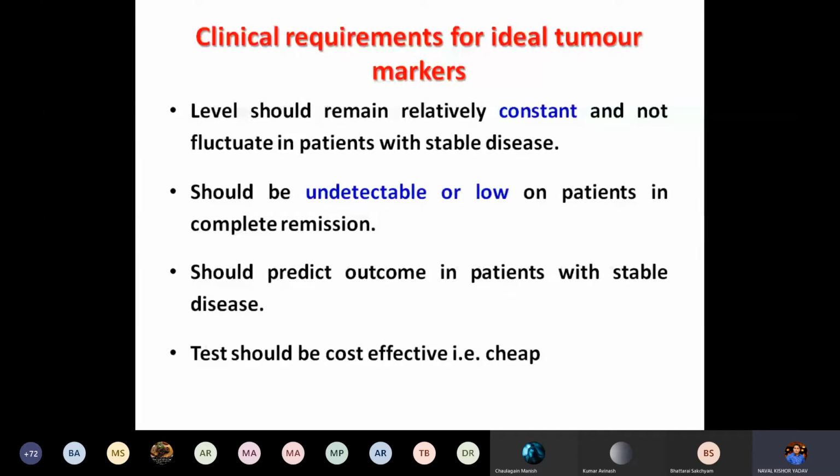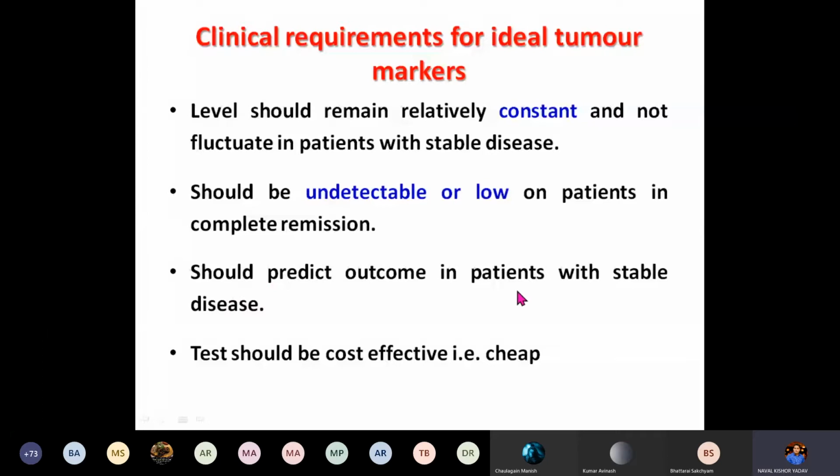It should be undetectable or low in patients in complete remission. If the patient is recovering, the level should decrease. If completely recovered, the level should not be detected; the tumor marker should not be present, or it should be very low.